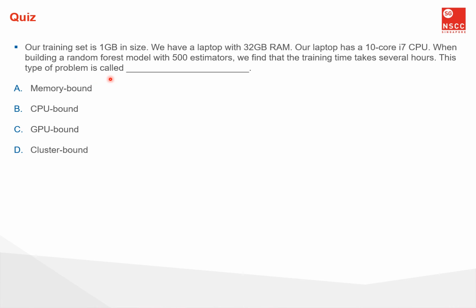This type of problem is called what? Is this memory bound, CPU bound, GPU bound, or cluster bound? What is this problem called? So you should pause the video and attempt to answer this before you move on to the further part of the video. So pause a while to answer this.